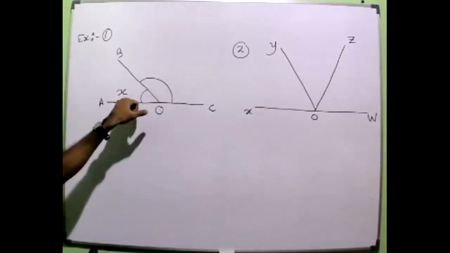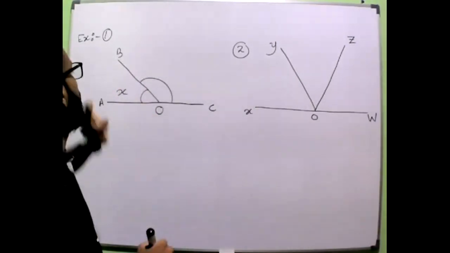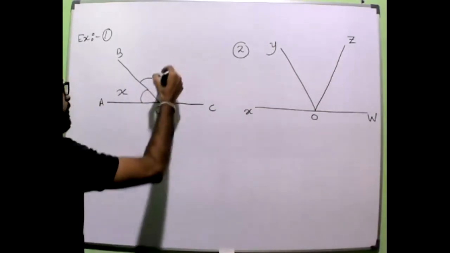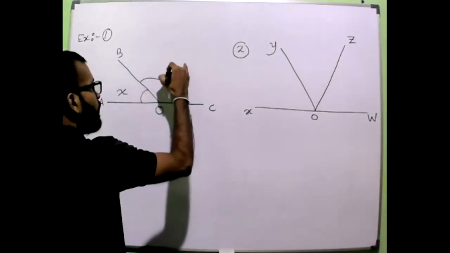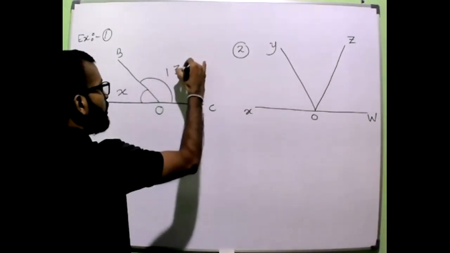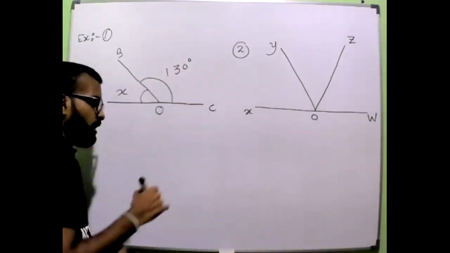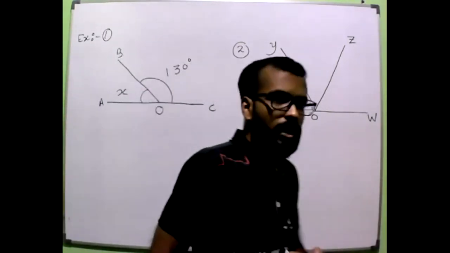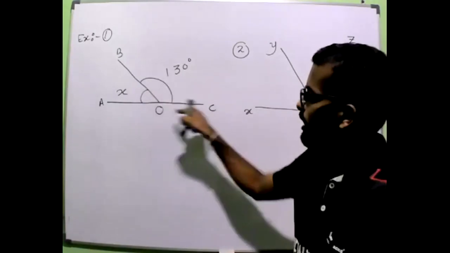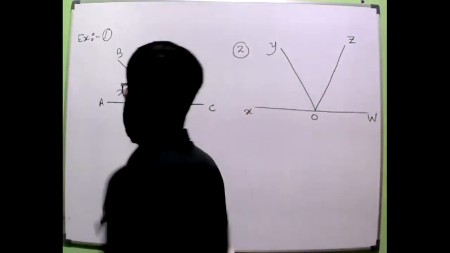I do not know the magnitude of this AOB angle, but I know the value of this 130 degrees. BOC angle is 130 degrees. It is an obtuse angle, right?